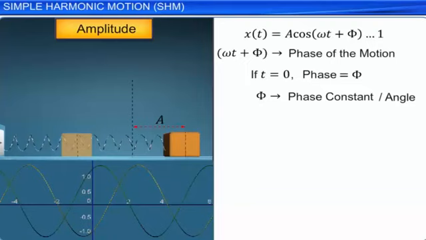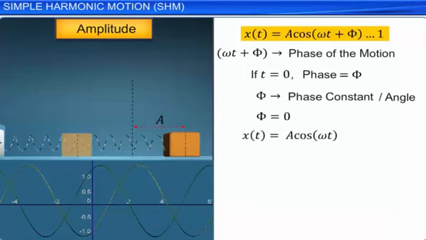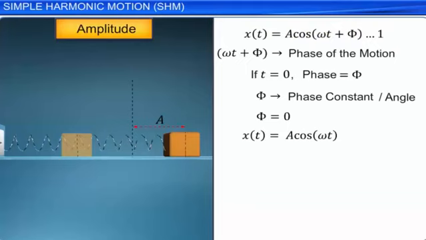For simplicity, if phase constant phi is considered as 0, equation 1 above can be written as x is equal to A cos omega t. We saw that when time t becomes equal to the time period T, the displacement x becomes equal to A. This implies that cos omega t is equal to 1, or omega T is equal to 2 pi.